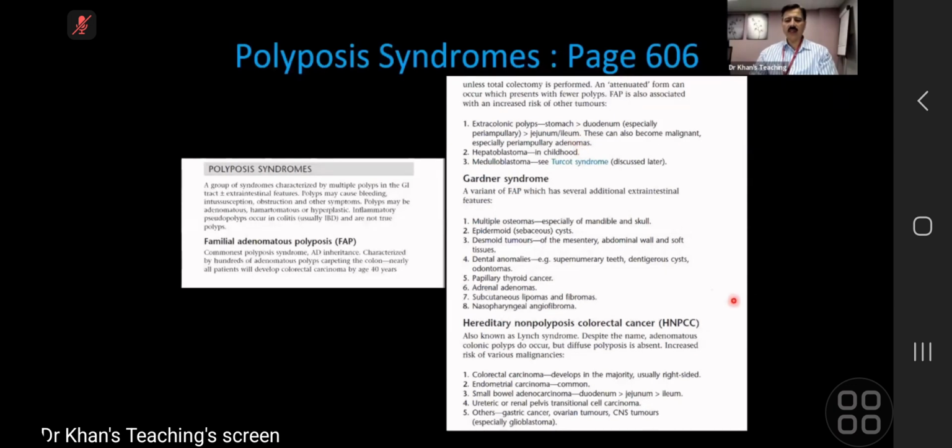And the key thing is that we have to do endoscopies to keep them under control. They can be associated with other types of tumors which are here.